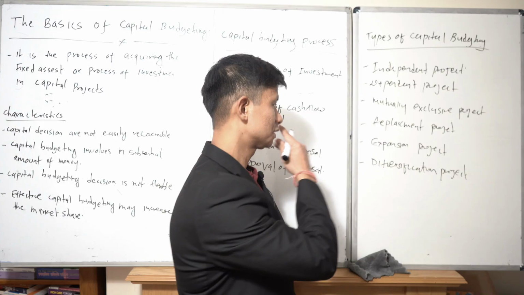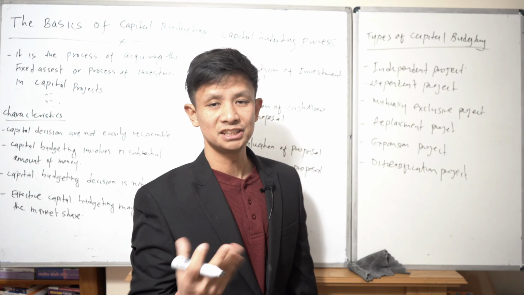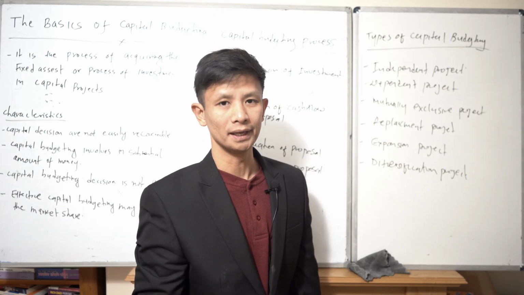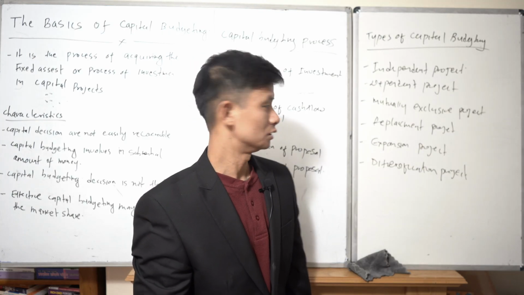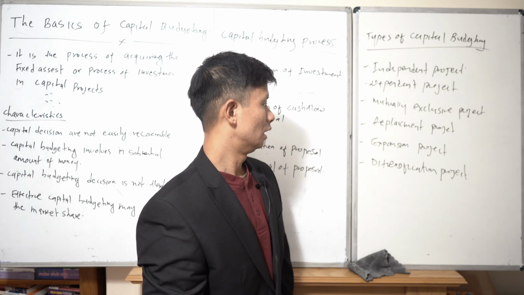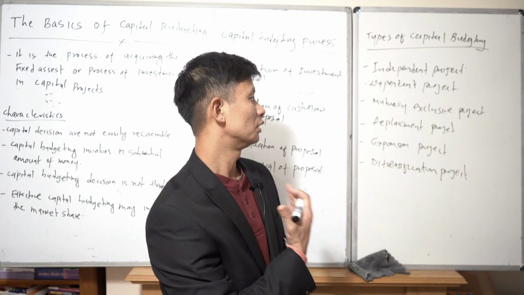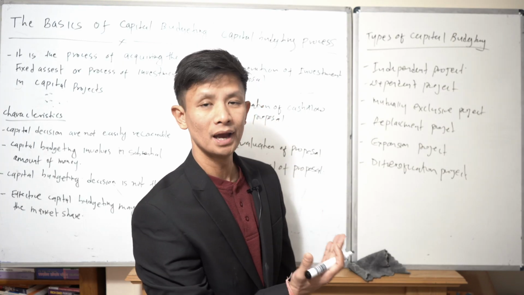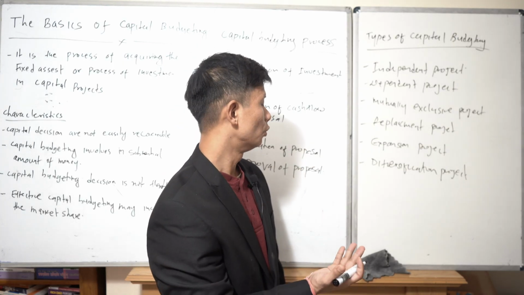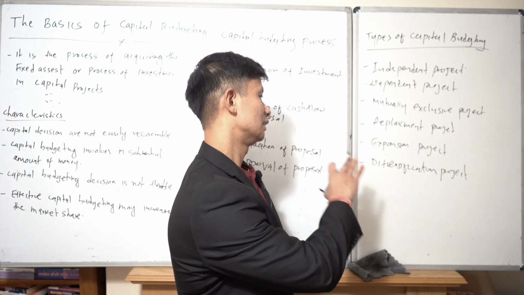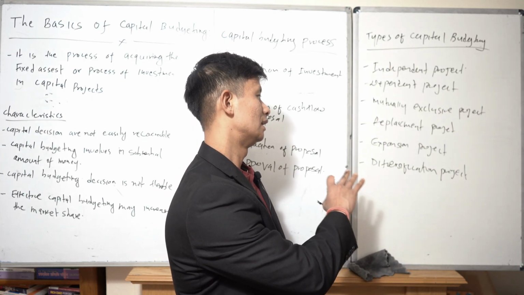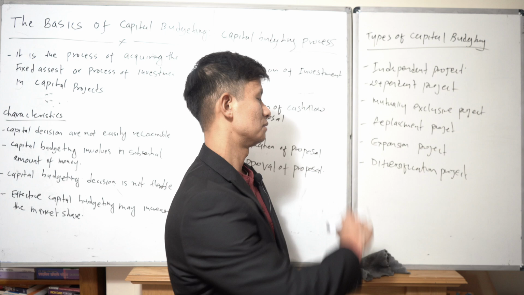The expansion project happens when the demand or the market is growing in the consumer market. A company might have to expand their market worldwide or locally. In that case, the project is taken as an expansion project.